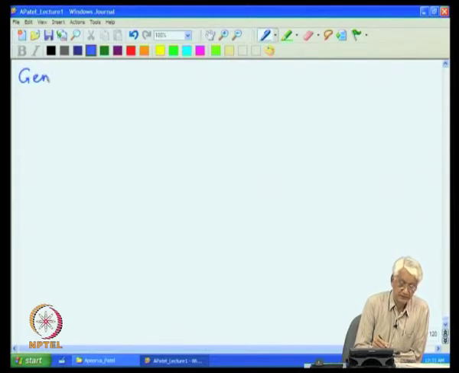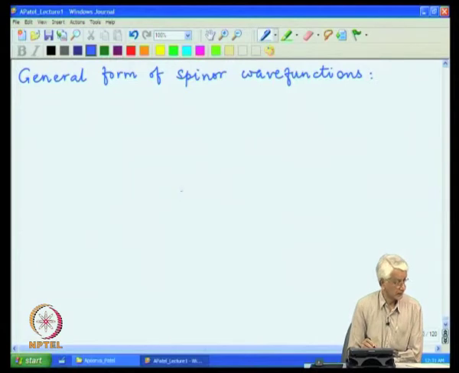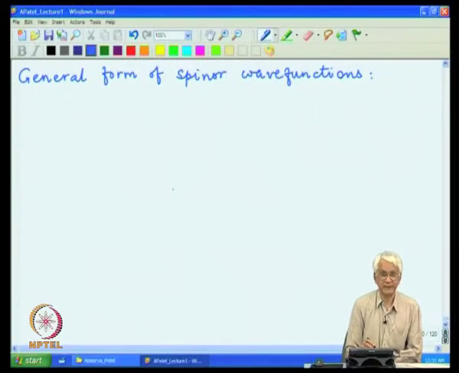General form of the so called spinor wave functions. We have already seen that the generic solutions are kind of plane wave, and what we want to do is reorganize these plane waves in a form consistent with Lorentz symmetry.